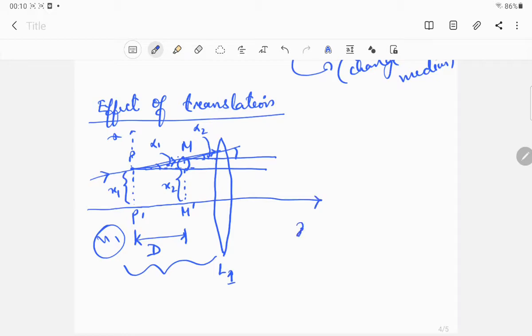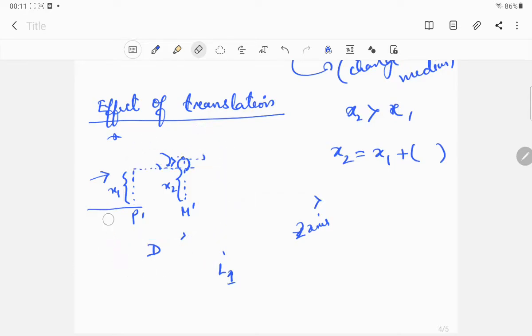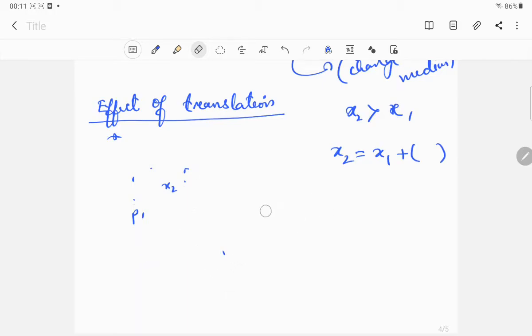This is the Z axis. x2 is greater than x1 because the point P is a little bit lower than point M. So what is x2? x2 is equal to x1 plus something, isn't it? Let me draw this diagram very carefully again so that you can understand the logic here.